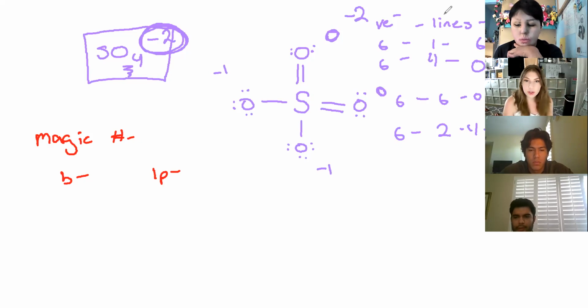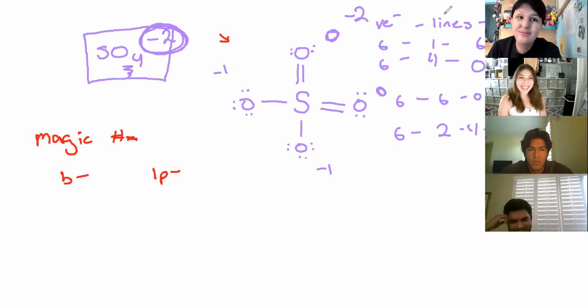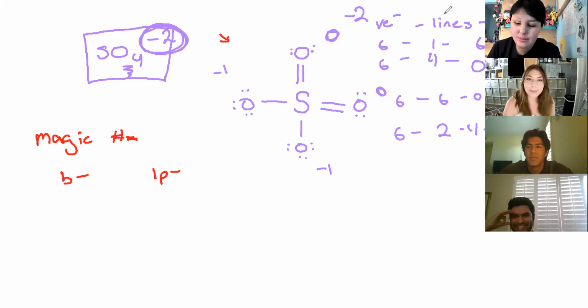Looking at the sulfate ion, my first question should be, what atom are we looking at in this whole molecule to find this magic number? Sulfur. It's our central atom.